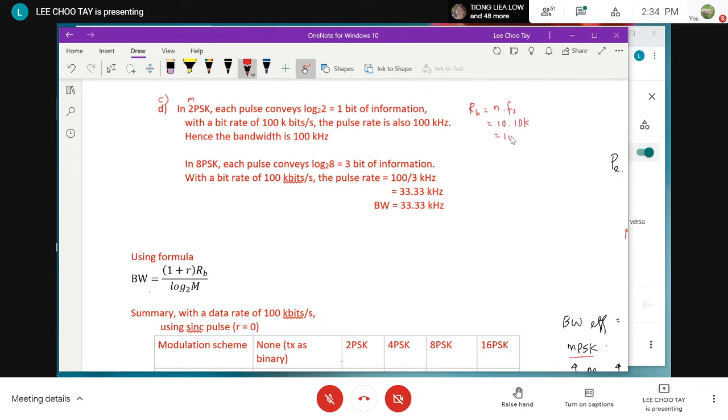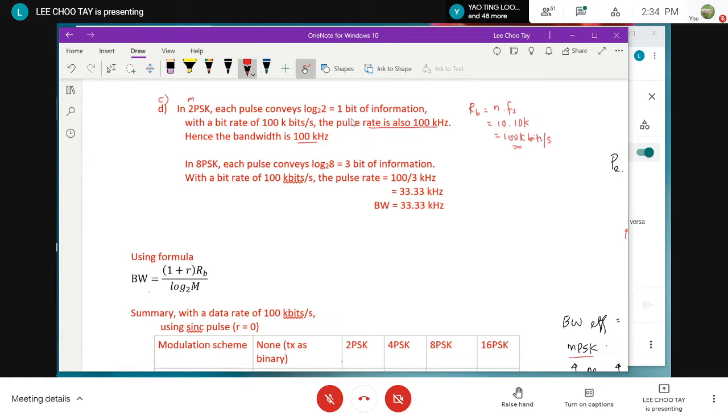That gives me 100 kilobits per second. With a bit rate of 100 kilobits per second, and one pulse conveying 1 bit, my pulse rate is 100 kilohertz, because I need one pulse for 1 bit. Therefore, our bandwidth is 100 kilohertz for 2 PSK.